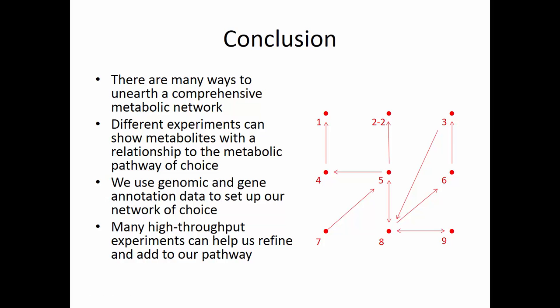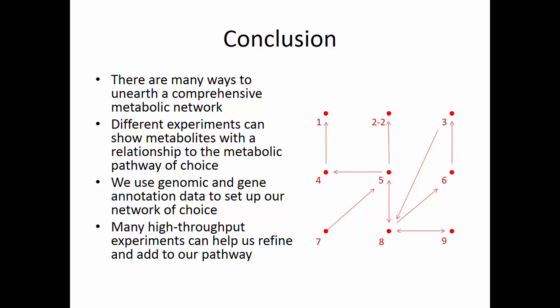You could probably go into the literature and gather a bunch of different data from organisms like E. coli, organisms like Saccharomyces cerevisiae, and figure out different types of networks there. So many high throughput experiments can help us refine and add to our pathway.